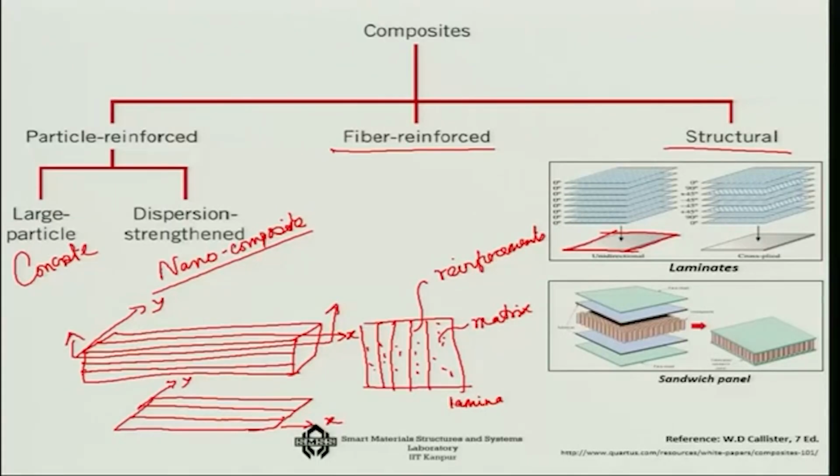So this is one type of orientation of the fiber. If I look at the second or the third part, suppose I cut it here and look at it, I may find that all the fibers are perpendicular. So here is the angle of the ply.